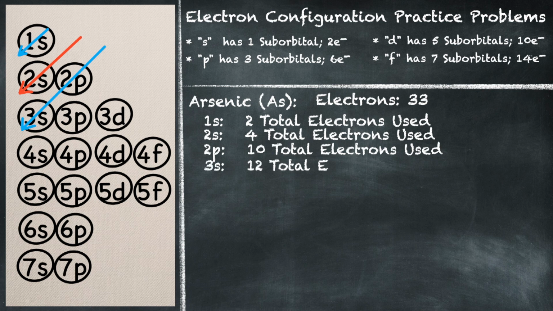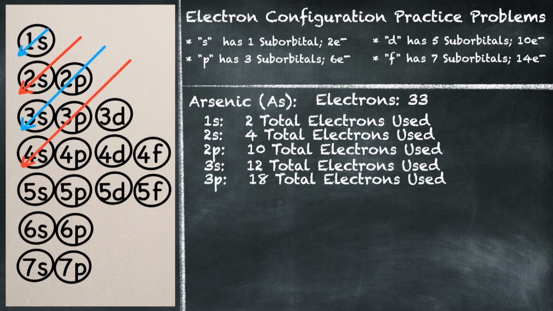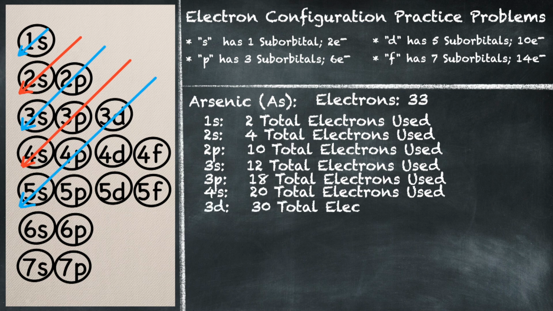Then we go to 3s, which is 2 more electrons. So we got 3p on top of that with 6 more electrons, giving us a total of 18 electrons. Then we have 4s, which gives us 2 more electrons for a total of 20. We need 33, so we need to keep going. 3d, if we fully fill that up, that's 10 electrons, and that gives us a total of 30, so we are almost there.